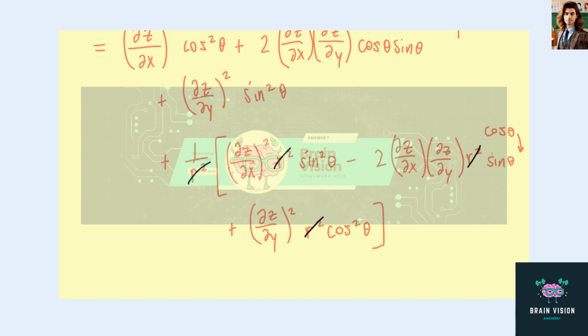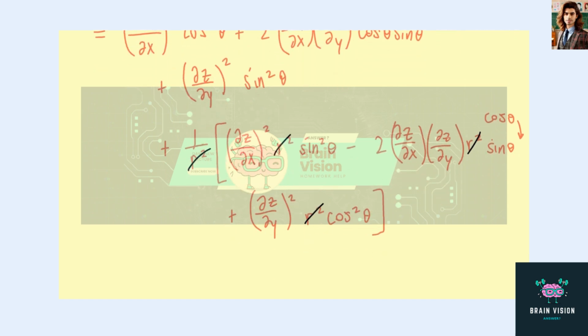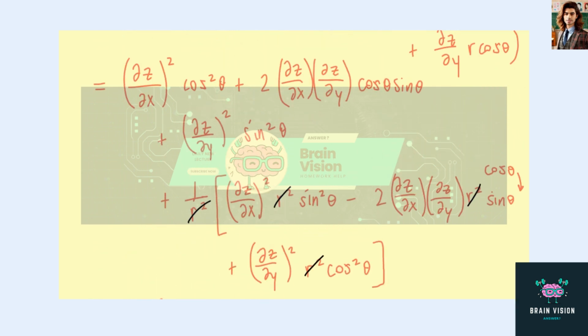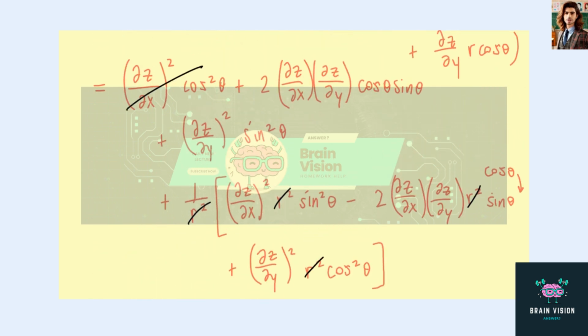And now let's combine like terms. So we have partial z partial x squared multiplied by cosine squared theta plus sine squared theta. So I took care of these two terms here. And we see that these two terms, when combined, will cancel each other out.